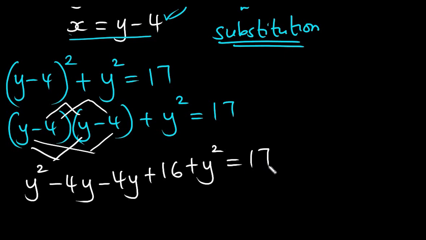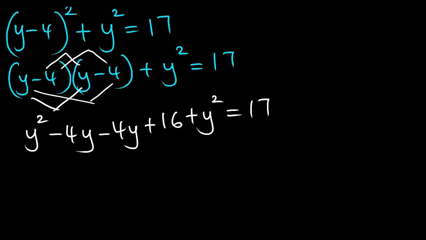Then the next thing we need to do is to simplify, to collect the like terms together, so that the equation is going to be in the general format of a quadratic equation. ax squared, or rather, since we are using y, let's have it as ay squared plus by plus c is equal to 0.